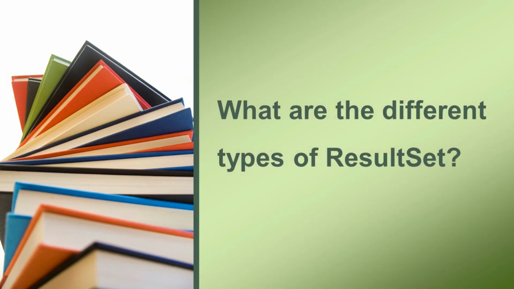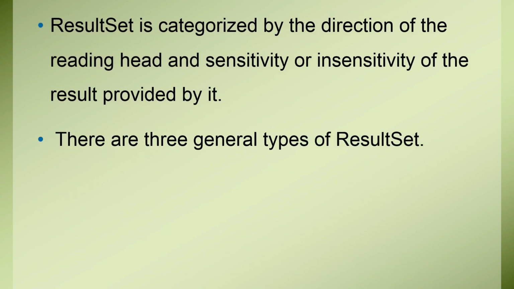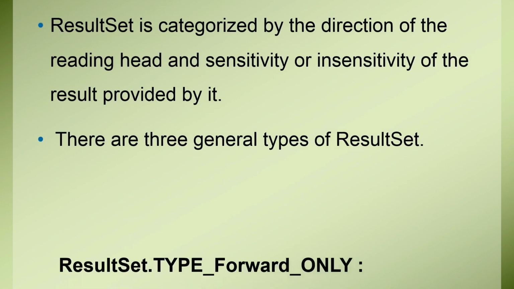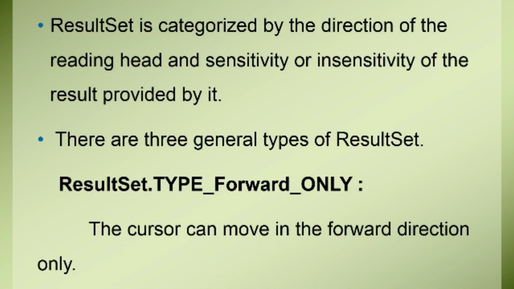What are the different types of ResultSet? ResultSet is categorized by the direction of the reading head and sensitivity or insensitivity of the result provided by it. There are three general types of ResultSet. ResultSet.TYPE_FORWARD_ONLY, the cursor can move in the forward direction only.